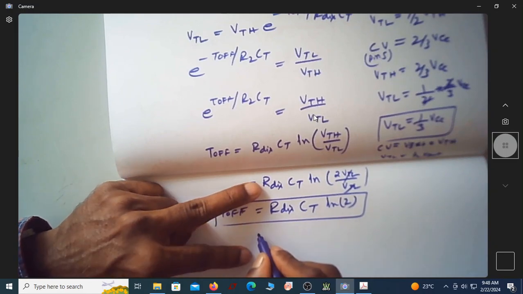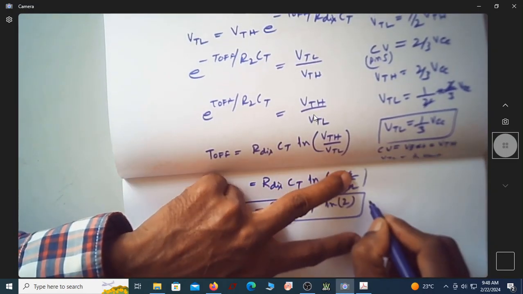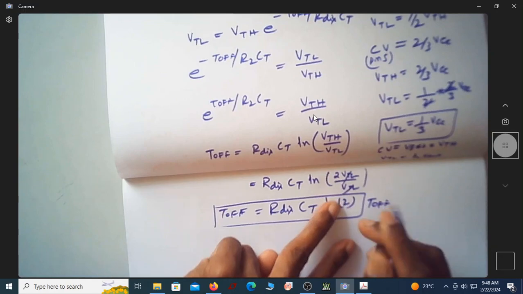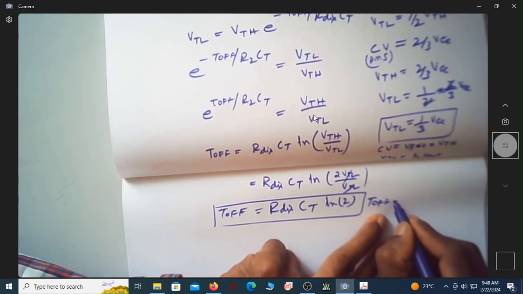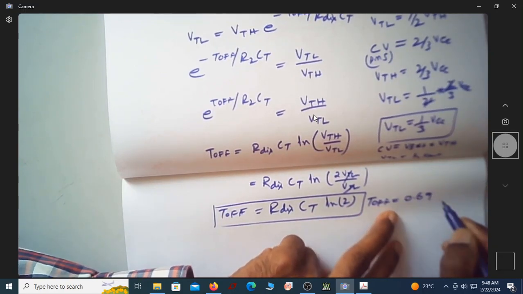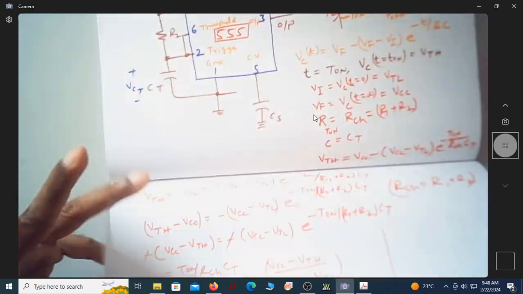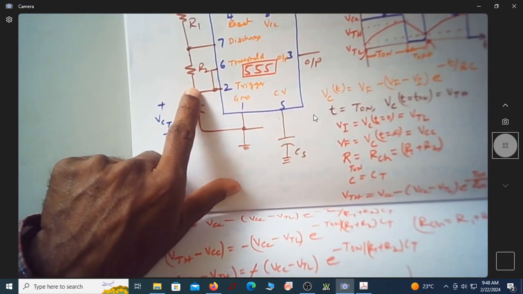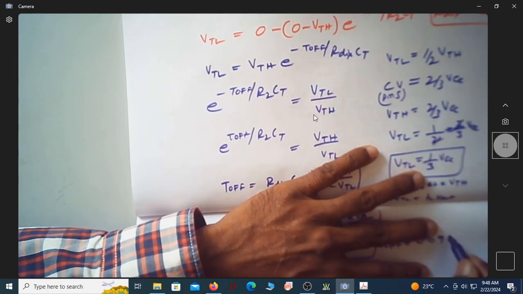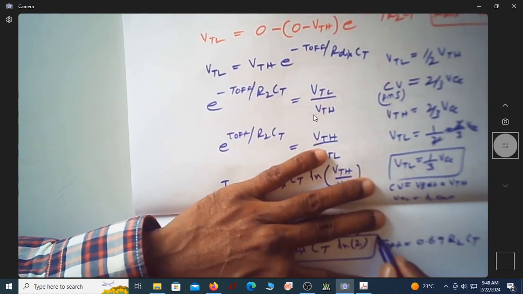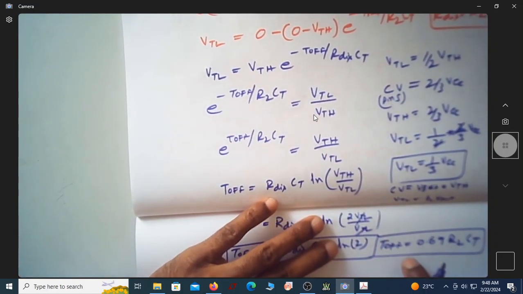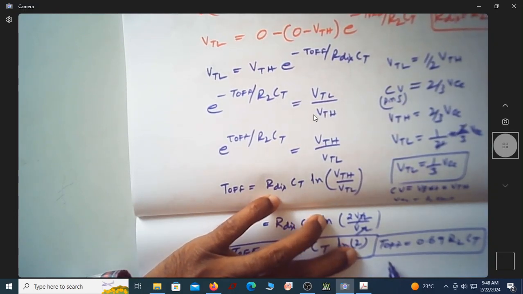So what is this T off now? Because ln of 2 is 0.69, shall I write it as 0.69? For this specific case, the discharge resistance is R2. I will write it as R2 into CT. So this is my off time, whatever the value of the control voltage.